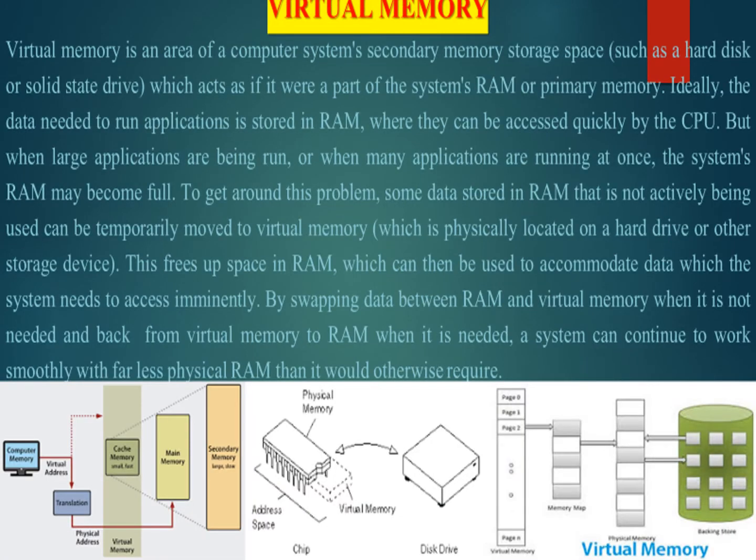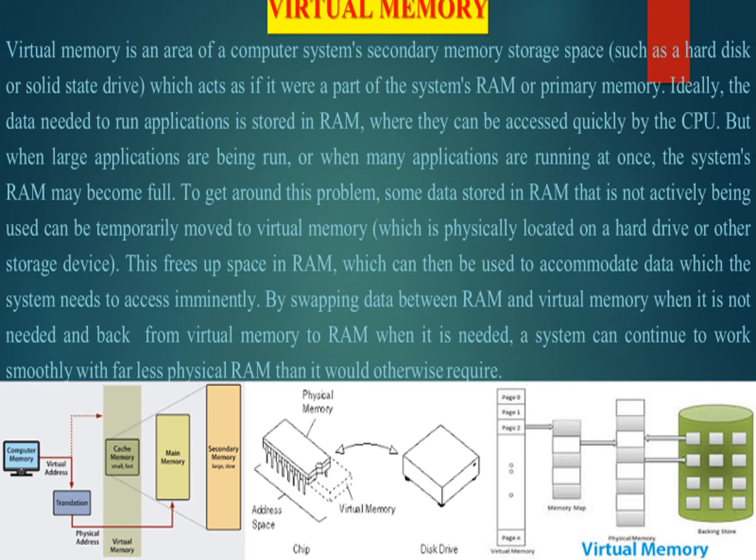Virtual memory. Virtual memory is an area of a computer system's secondary memory storage space, such as a hard disk or solid state drive, which acts as if it were a part of the system's RAM or primary memory. Ideally, the data needed to run applications is stored in RAM, where it can be accessed quickly by the CPU.